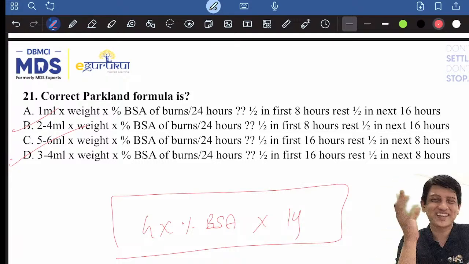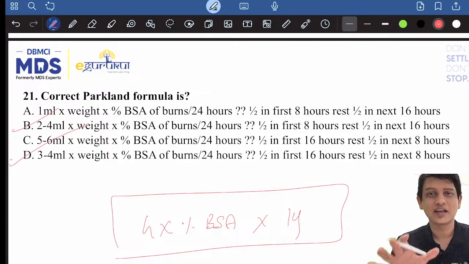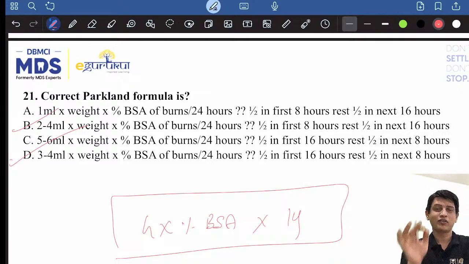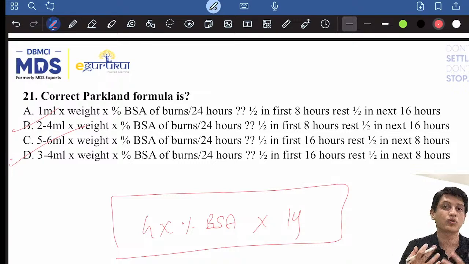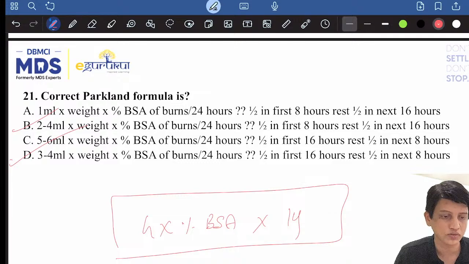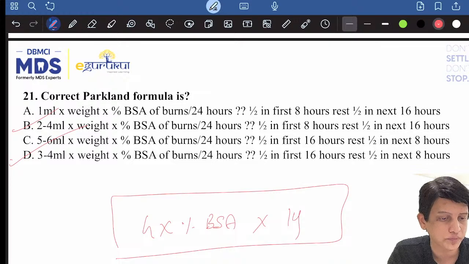You are slightly confused, I know, but we have learned and we know perfectly that half is given in the initial first 8 hours, as they need more fluid initially. So in the first 8 hours half of the fluid is given, and then slowly the other half over the next 16 hours. Hope it is clear. So when such confusing questions are asked, please look at the options very clearly and you can clarify any such confusion for yourself.